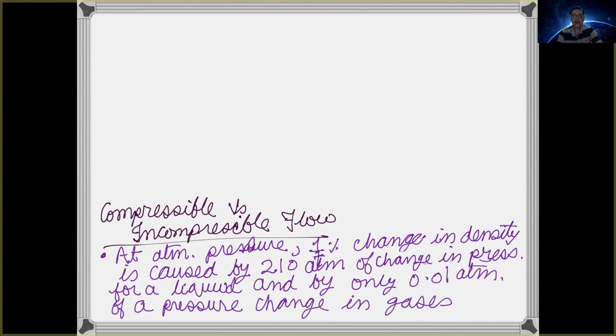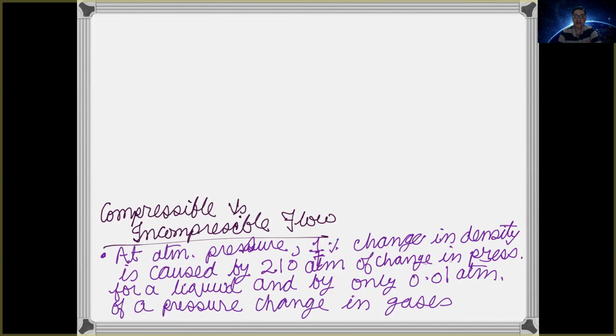So you can see that for 1% change in density in a liquid flow region, you need a very large change in pressure, around 210 atmospheres. Whereas in a gas flow region, if there is a change in pressure by 0.01 atmosphere, it causes a 1% change in density.